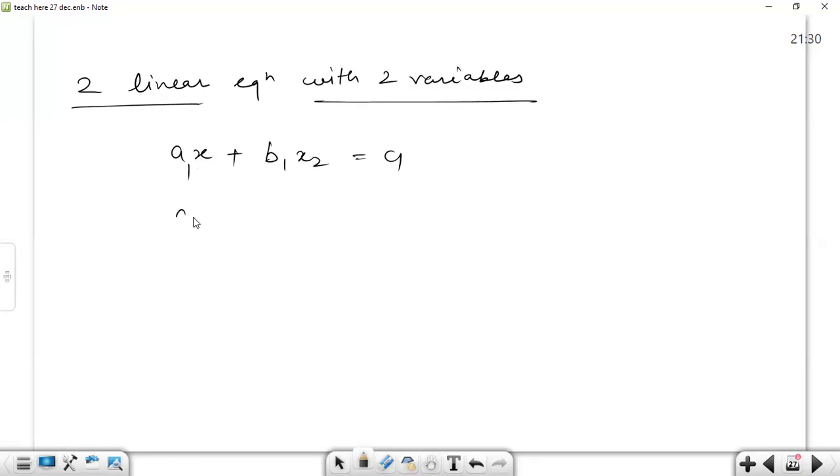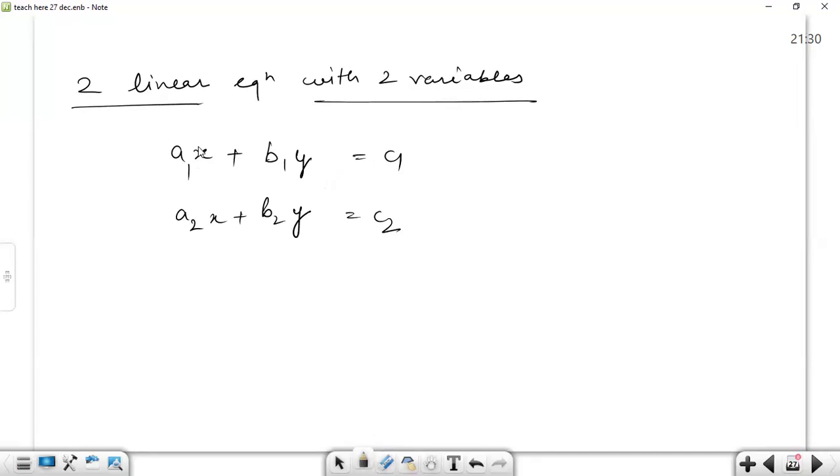There's another equation in x and y, a2x + b2y = c2.